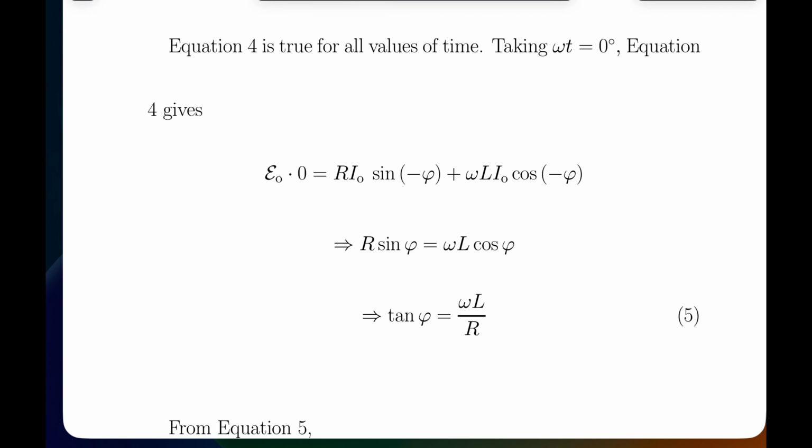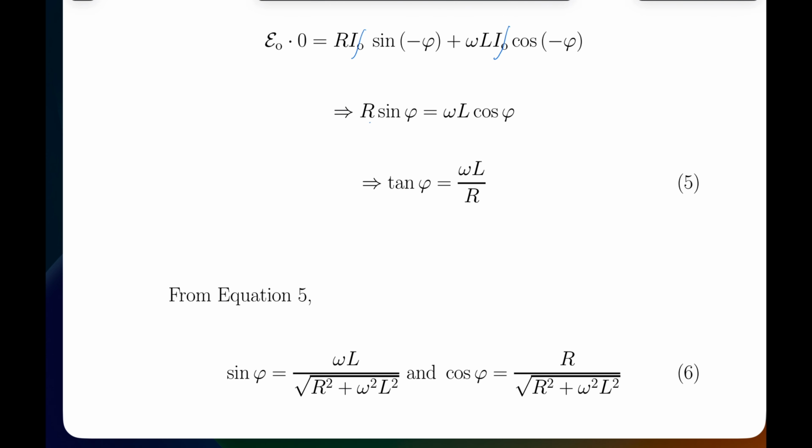This is R I naught sine minus phi plus omega L I naught cos minus phi, because omega t is 0 here already. So sine minus phi is minus sine phi. We transfer it on the left hand side. And moreover, this I naught cancels with this I naught. So R sine phi is omega L cos phi. So this gives you tan phi is omega L upon R.